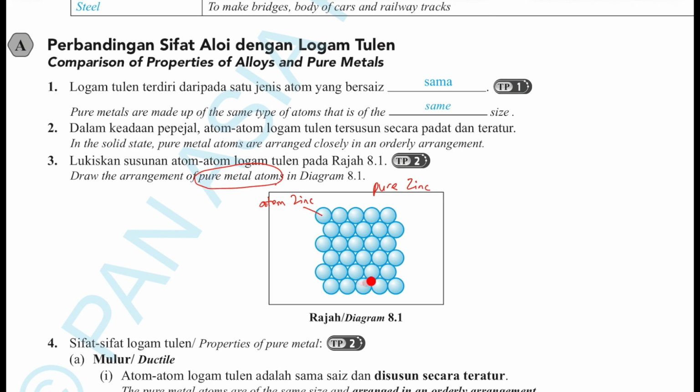So all of the atoms in a pure zinc, all of them consist of atom zinc. So atom zinc have the same size. Atom zinc semua mempunyai size yang sama. So it is arranged in an orderly manner. Jadi atom ini disusun dalam susunan yang tersusun secara padat dan teratur. Nampak? Arrange closely in orderly arrangement.